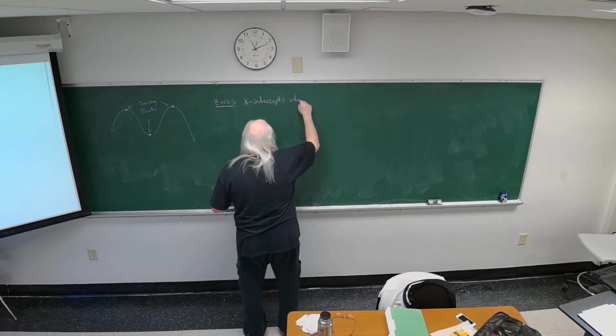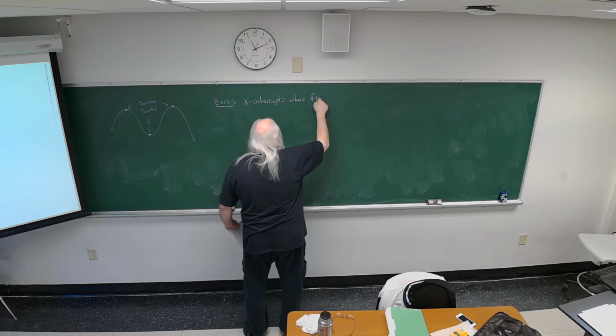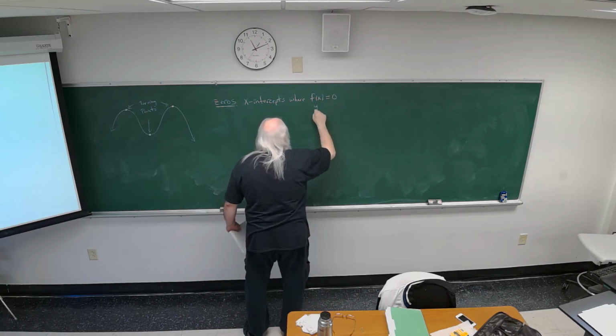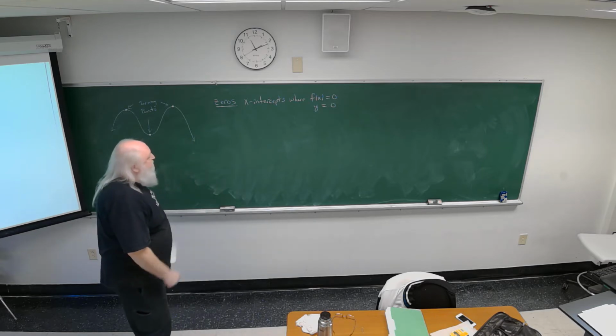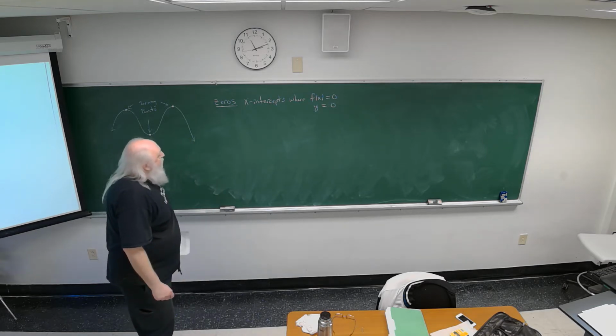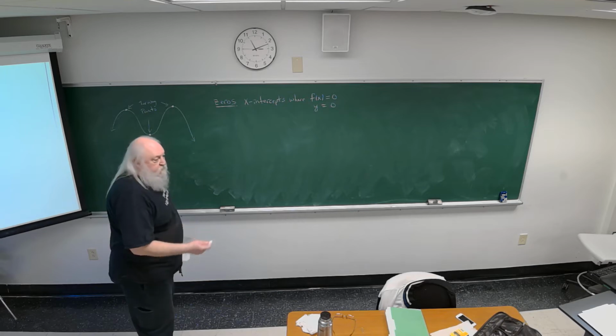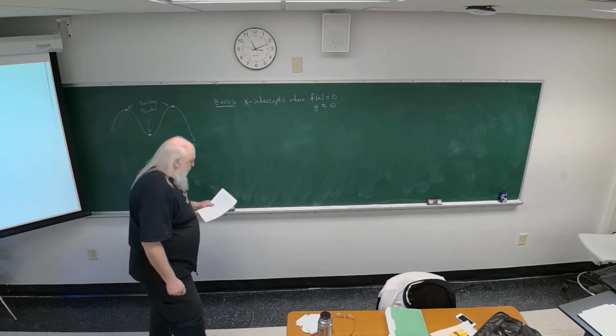And the x-intercepts are where the function equals 0, or y is equal to 0. When we find the x-intercepts in the graph of an equation, we set y equals 0 and solve for x.